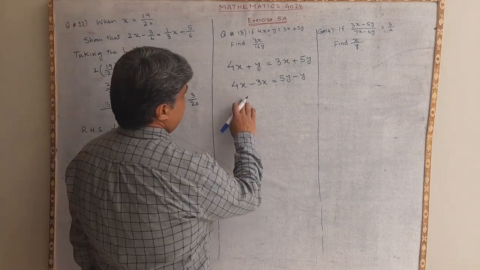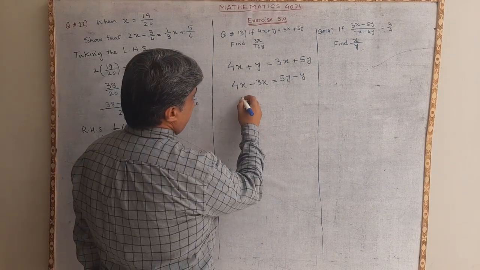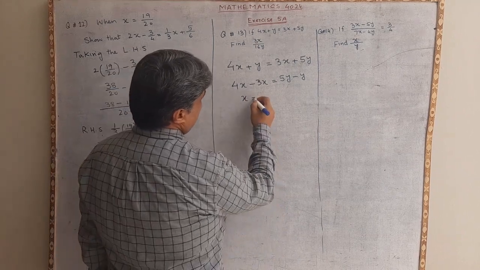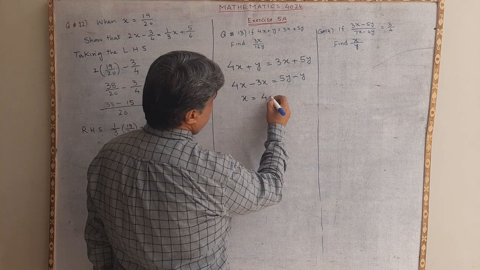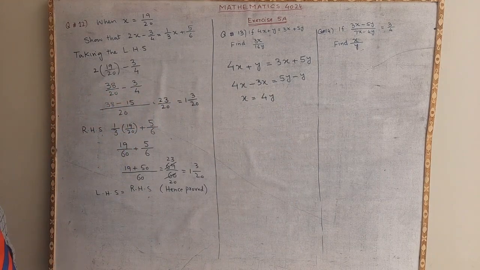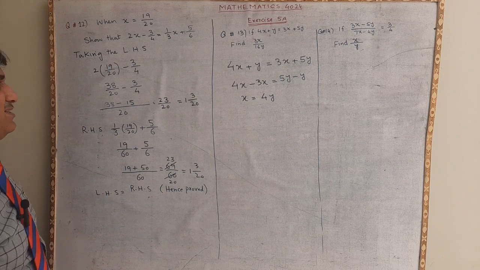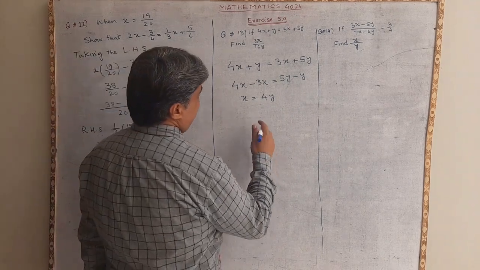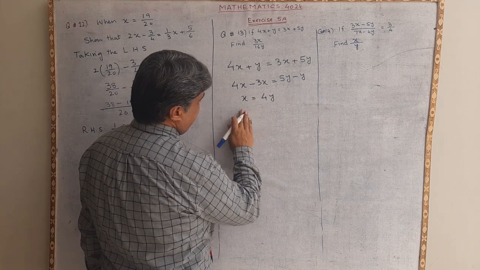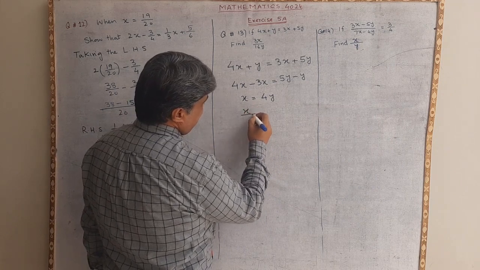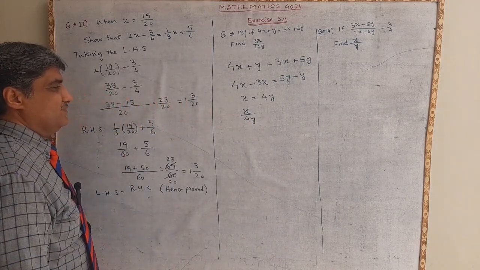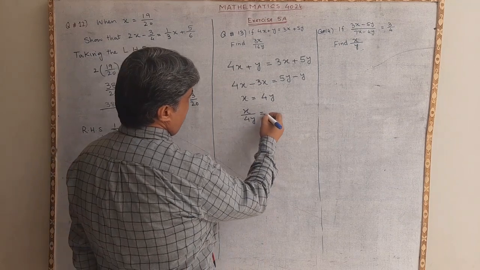Ladies and gentlemen, here we are getting x is equal to 4y. So, ladies and gentlemen, we have to write this as x divided by 4y is equal to 1.